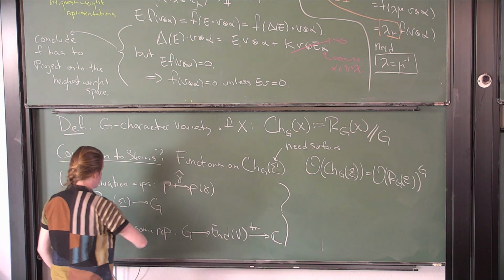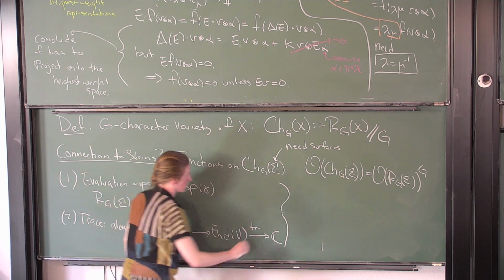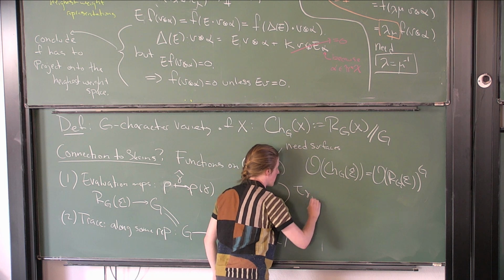Let's put this all together. This function goes from here, to here, to here. Let's just call this tau gamma b.